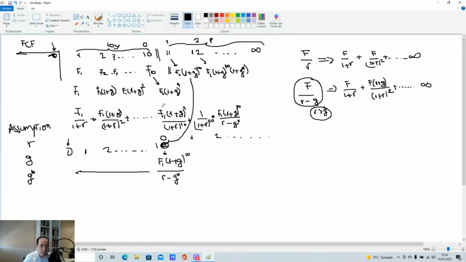The present value of all this sequence is this, and then we are taking another present value of the same term to year 0, which is this. Then we are almost finishing this formula. So I will try to make this clear in order for you to avoid confusion here.